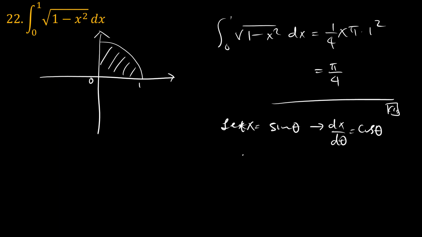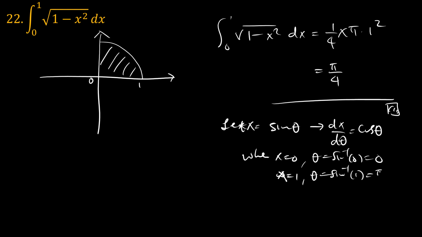And so when x equals 0, theta equals arc sine of 0, which is 0. When x equals 1, theta equals arc sine of 1, which is pi over 2.